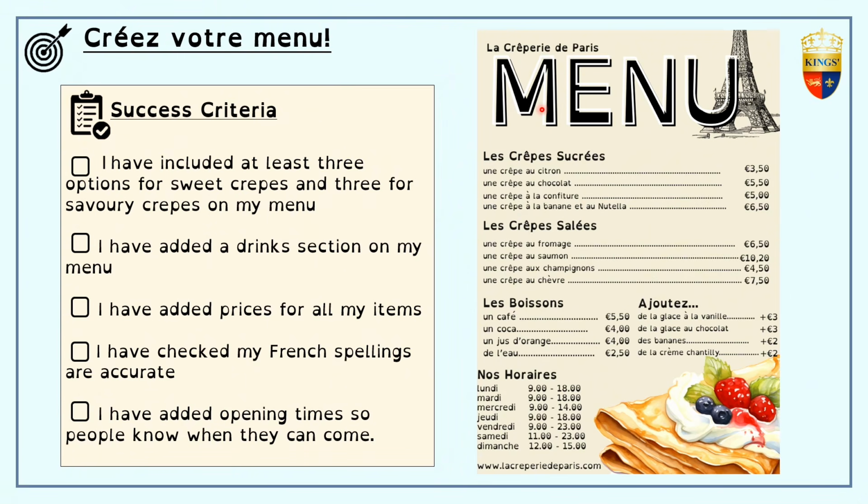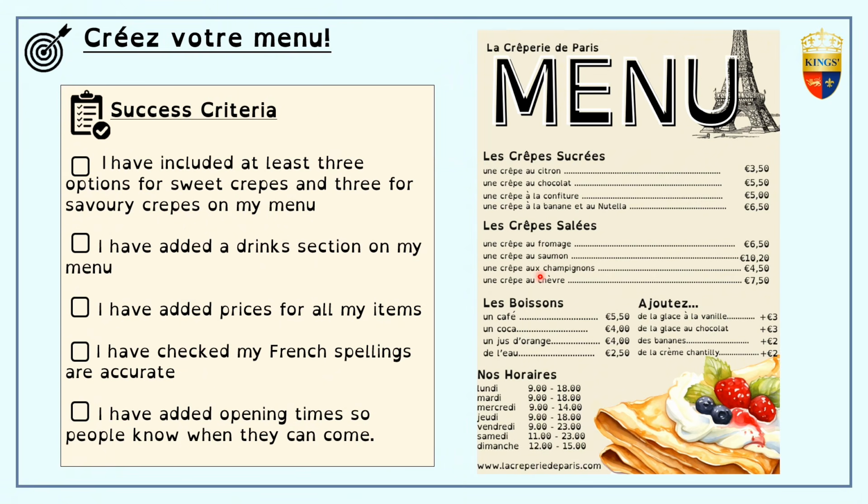For me, the most important thing is the French, okay? So making sure that, for example, all our spellings are perfect, and you can use my example to help you. That, for example, the sweet crepes are under the heading sweet crepes, and we don't have savoury crepes under there.